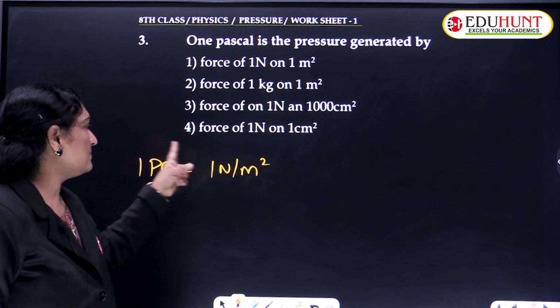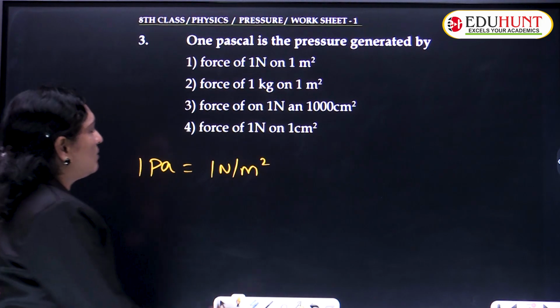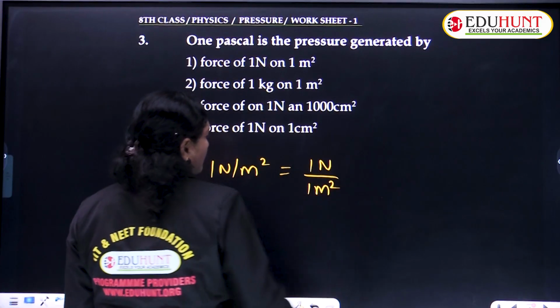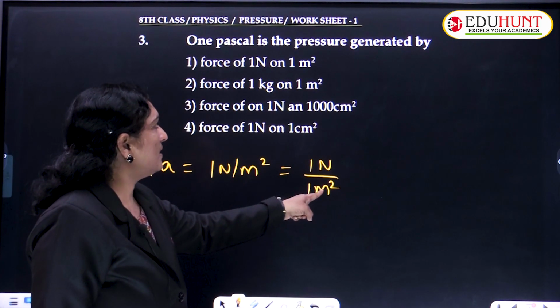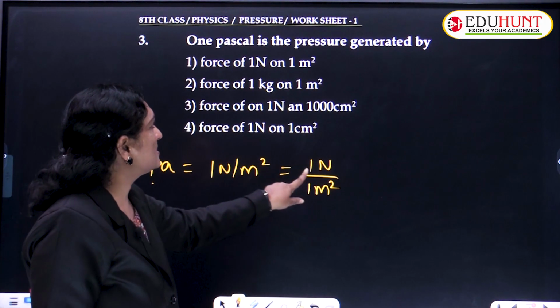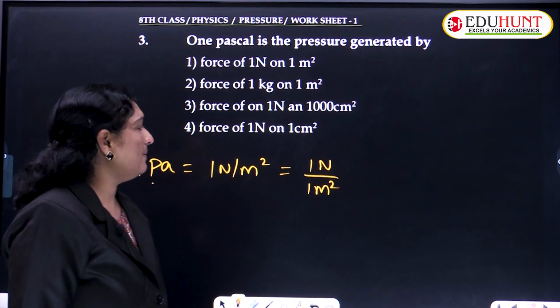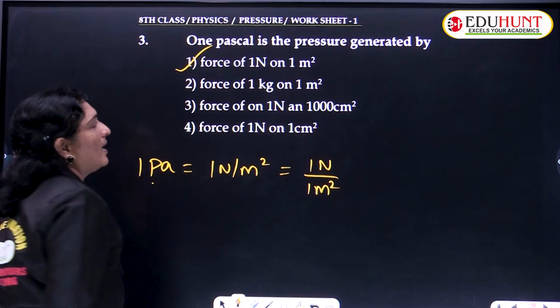It can also be written as 1 Newton upon 1 meter square. 1 Newton is the force, whereas 1 meter square is the area. So 1 Pascal is the pressure generated by a force of 1 Newton on 1 meter square.